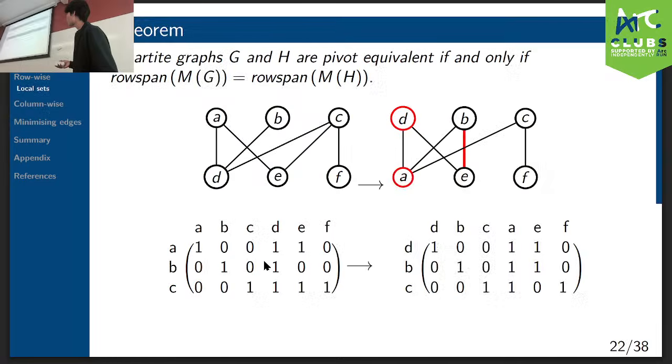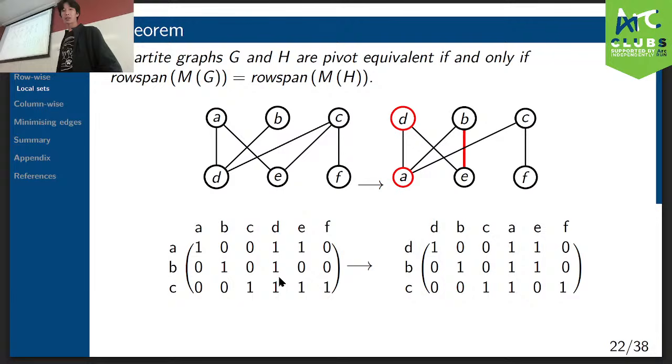I'm going to go back here. For example, in the graph on the left, we have that the columns A, B, and C form a base because these three column vectors are linearly independent. That should be quite obvious. We have that B, C, and D form a base because these three column vectors are independent.